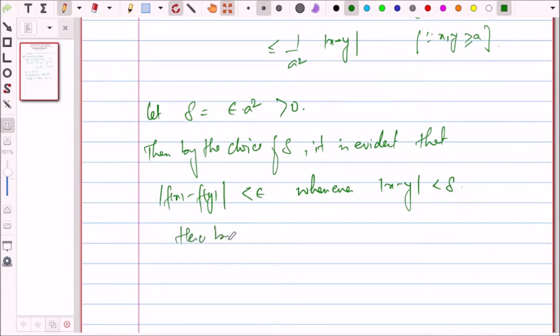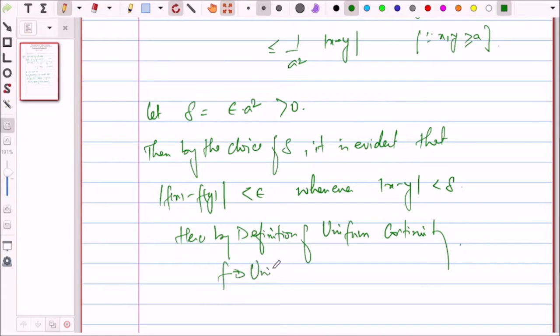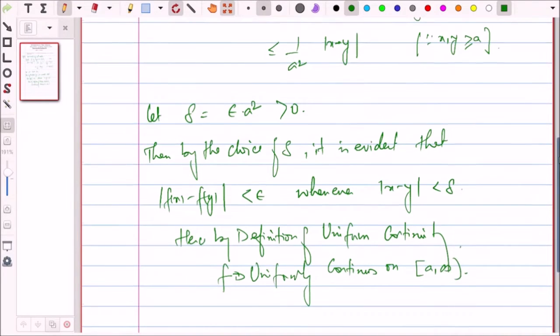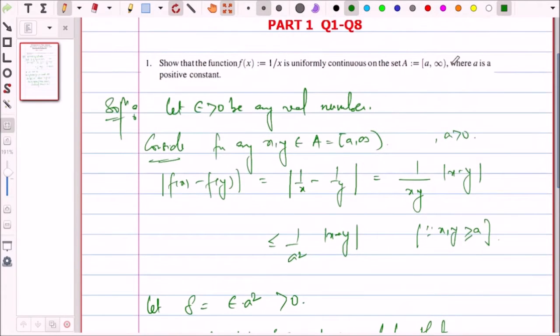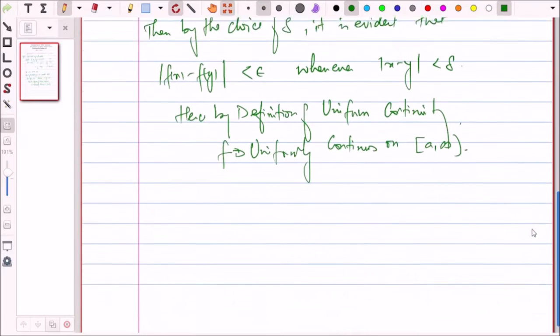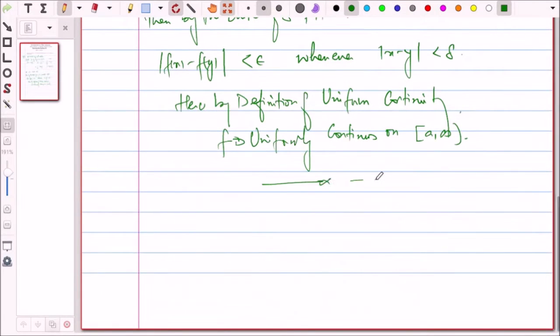Hence, by the definition of uniform continuity, f is uniformly continuous on [a, ∞). So for any positive a, the function f(x) = 1/x is uniformly continuous on the interval [a, ∞). This completes the proof of question number 1.